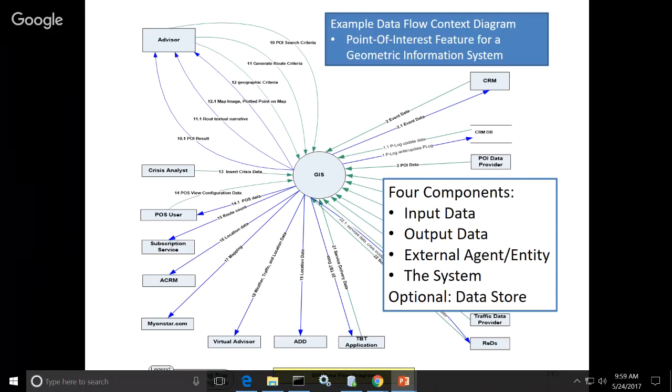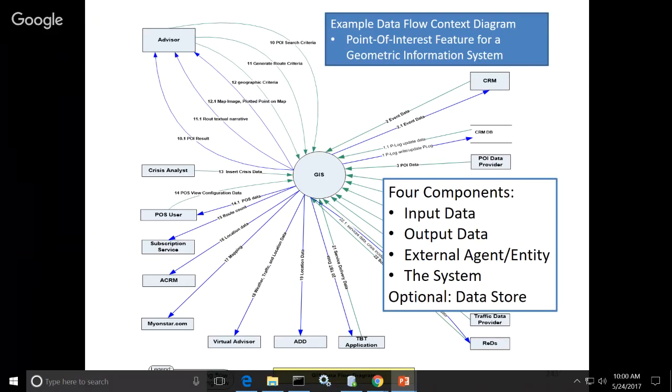So technically, these are all data flows right here between the external entities and the system. So if somebody says, show me the data flow context diagram or show me the context diagram, it's the same thing, because the context diagram is all data flows. It's just taking the entire system and planting it in the middle and showing everything around it.